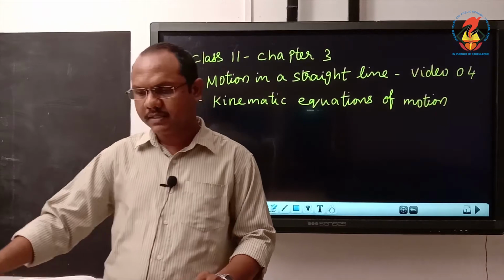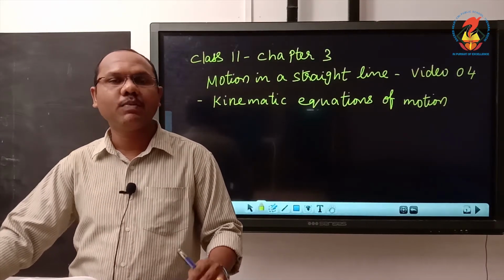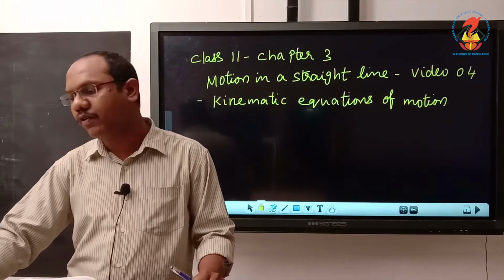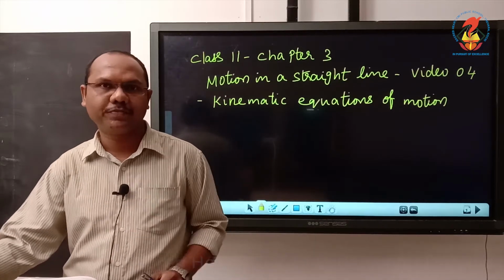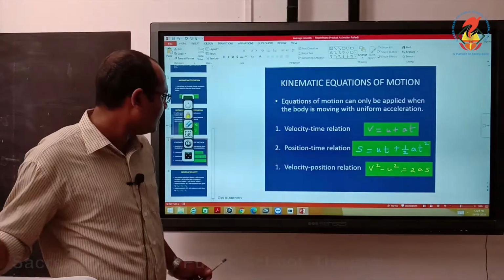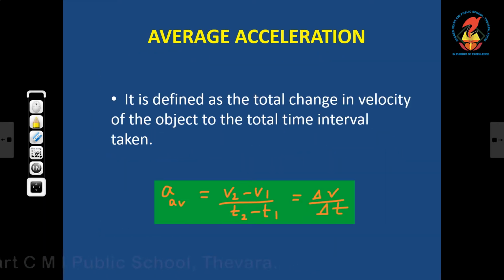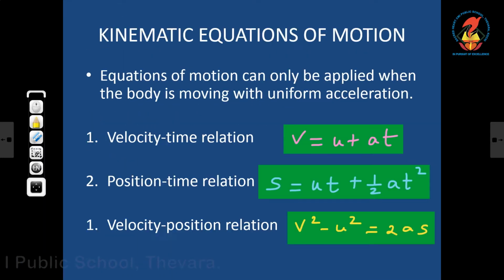Good morning, students. Today we are going to discuss kinematic equations of motion for a uniformly accelerated body. If the body is accelerating uniformly, then we will use kinematic equations of motion.